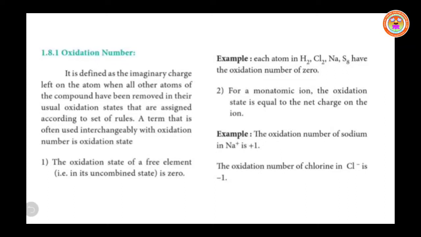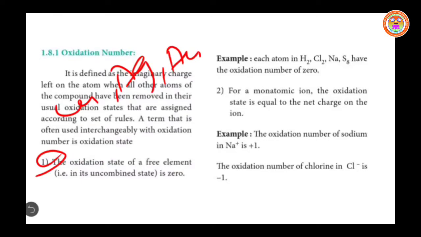Now we can see the rules for assigning oxidation number. Rule number 1: the oxidation state of a free element, that is in the uncombined state, is 0. Free elements are Cu, Ag, Au, etc. In the uncombined state, remember, the oxidation state of the element is 0.